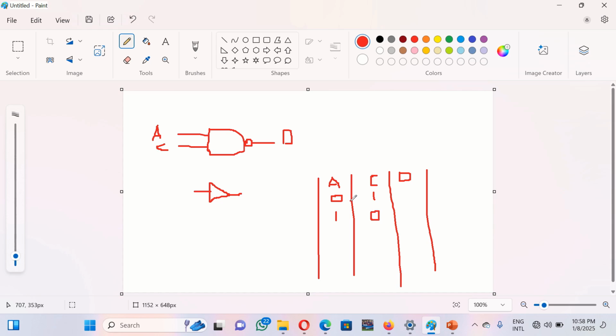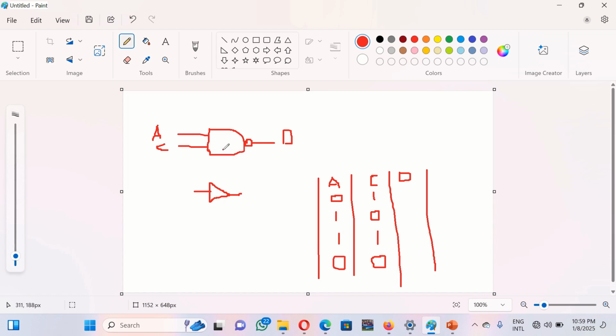So let's say we are just alternating 0, 1, 1, 0. And then I could also have A to be another 1 with C being 1. And I could also have A being 0 and then C being another 0.